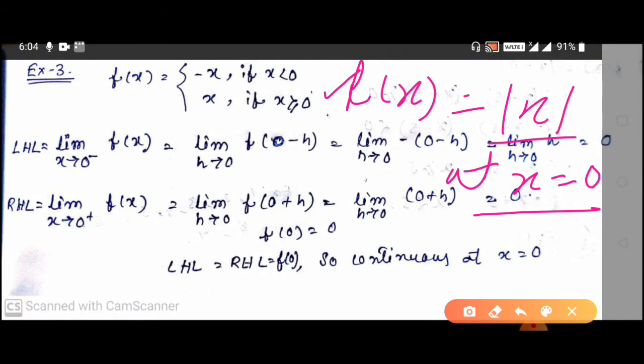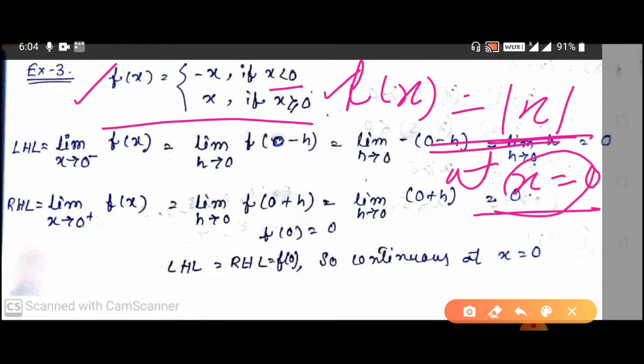So we know the function mod x, and this function is written in this way. You can write the function in this way: f(x) equal to minus x if x less than 0, and f(x) equal to x if x is greater than or equal to 0. So we have written the function f(x) in this way. Now we have to find the continuity at x equal to 0.